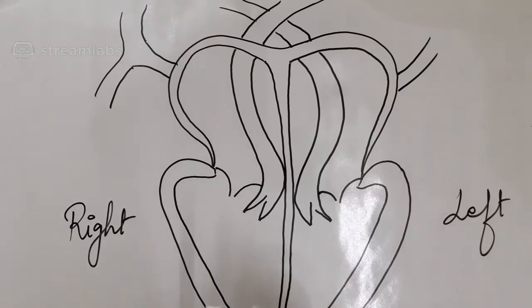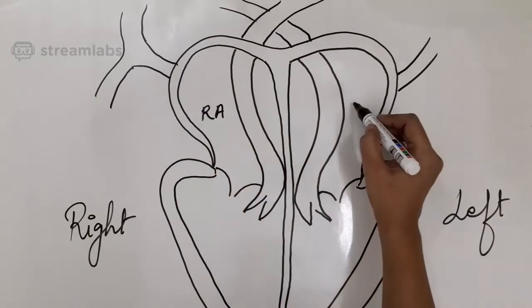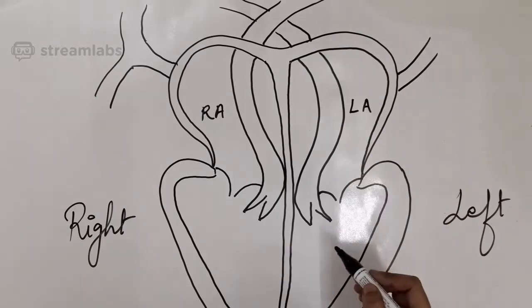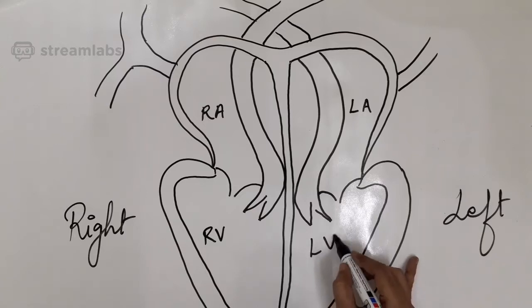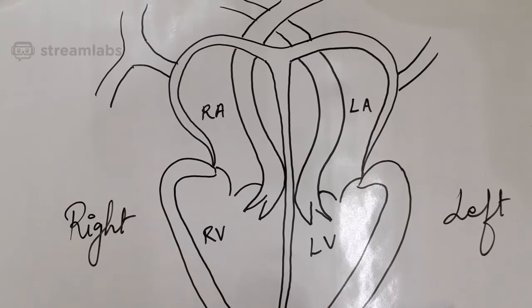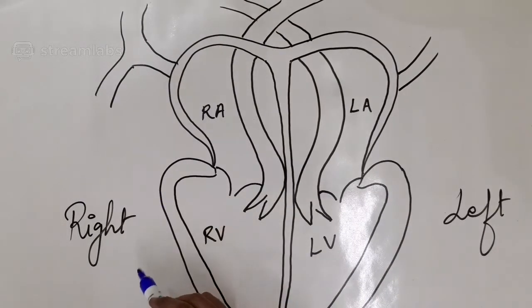The upper 2 chambers of the heart are the right auricle and the left auricle, and the lower 2 are the right ventricle and the left ventricle. The auricles are also known as the receiving chambers, and the blood first enters the heart on the right side, in the right auricle.